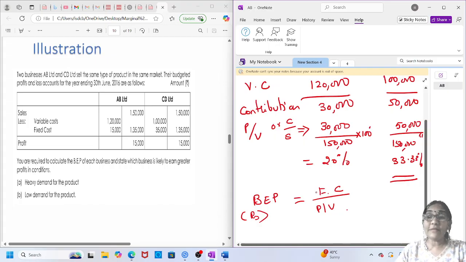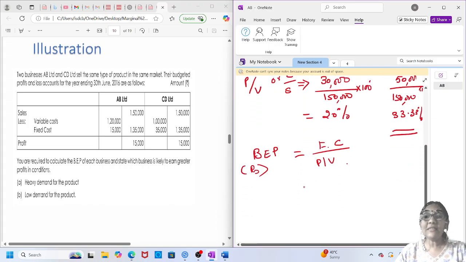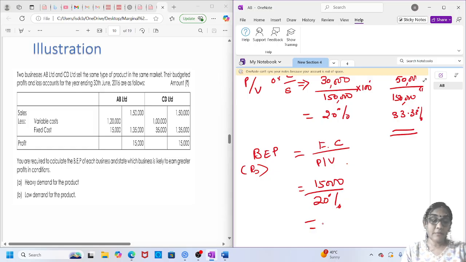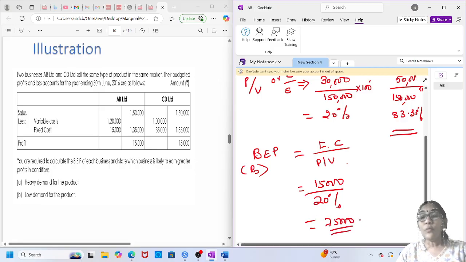So now if we want to calculate in this case, the PV ratio will be 15,000 upon 20%. So you should have a sales volume of 15,000 divided by 20%. So 75,000 sales volume rupees will give you the BEP.